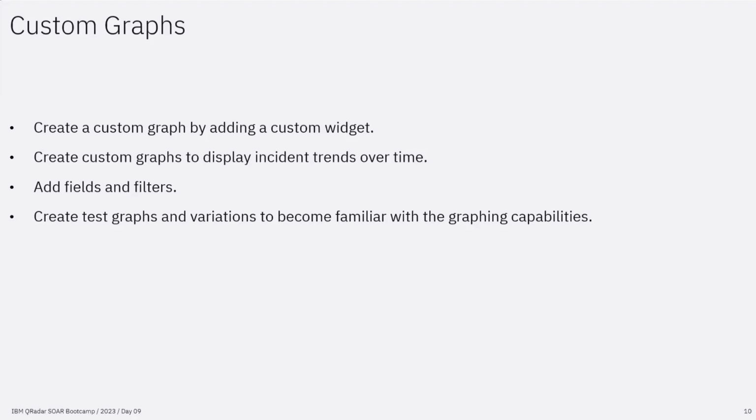Let's say you want to create a graph that shows average time for incidents to close per month and sort it by incident severity and by geographical location. Some of the examples that we typically see on a day-to-day basis are graphs that are created with incidents over time, average time taken to close incidents by severity, average time to close incidents by workspace.